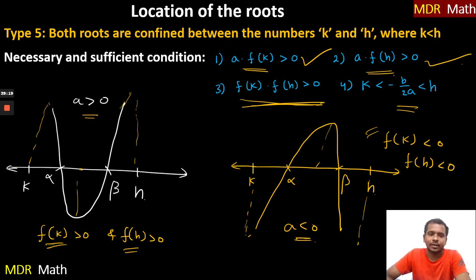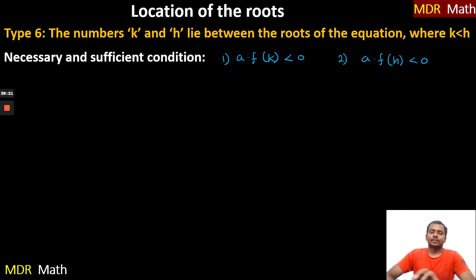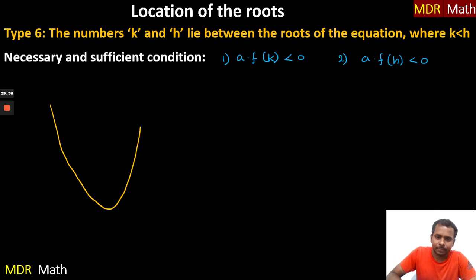Now let's go to the 6th case, that is numbers k and h lie between the roots of the equation. Let's say this is alpha and beta.